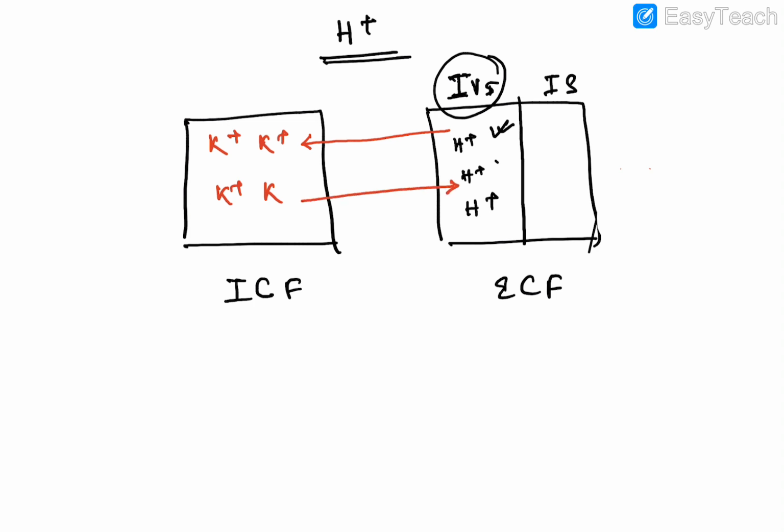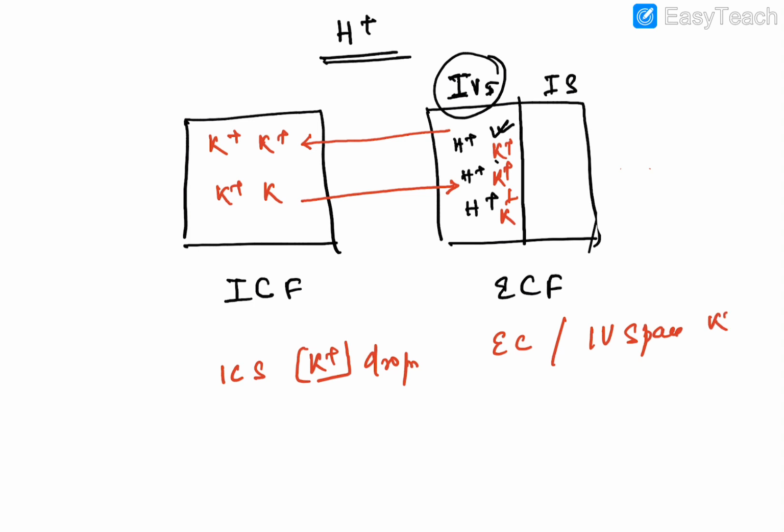So H plus moves in and potassium moves out into the intravascular space. So ultimately what happens, the intracellular space potassium level drops and the extracellular, that is intravascular space potassium level increases.